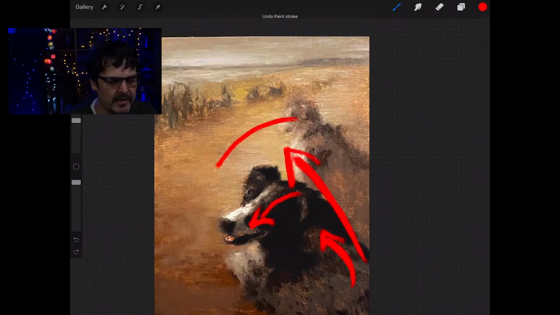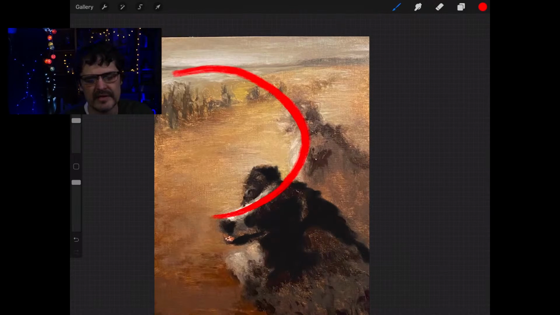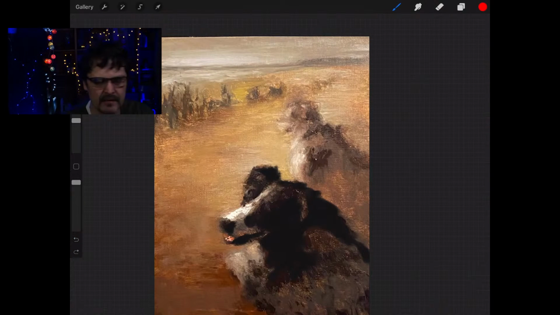So I see what you're doing here, and in one way you've got the right idea. And what he's doing is he's thinking about a movement right through this canvas. And I can see that real clearly, like where he's going to lead me here. So this is the idea.